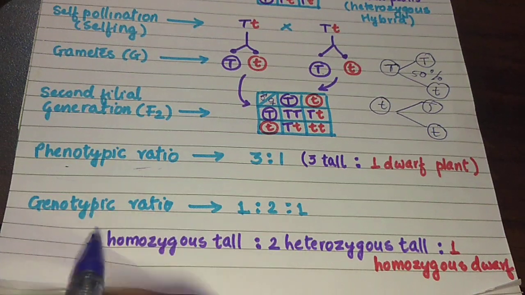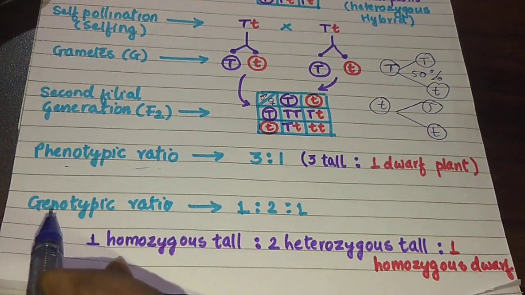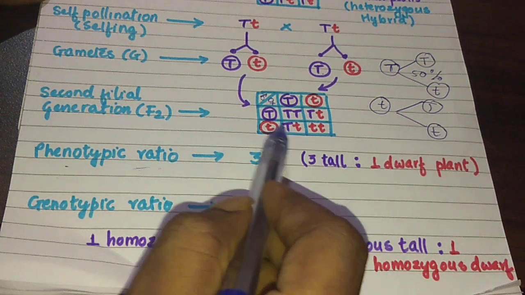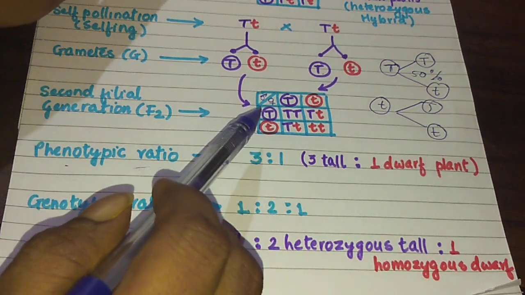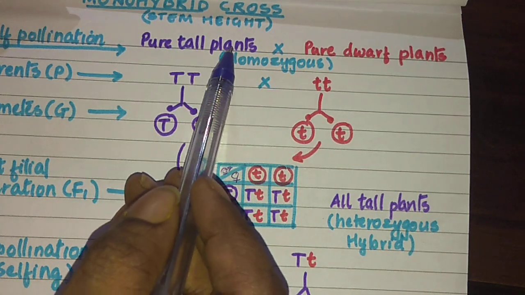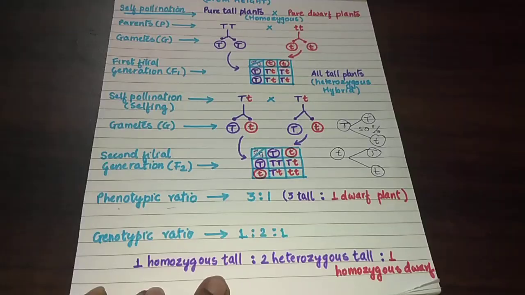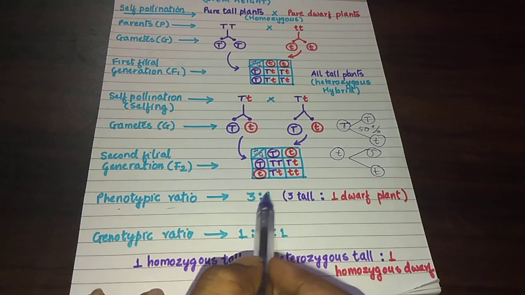Now, what is the genotypic ratio which Mendel had explained? The genotypic ratio is with respect to the genes that are present. We can see here capital T capital T is exactly similar to the parental tall plants or pure tall plants, so it will be a homozygous tall plant.